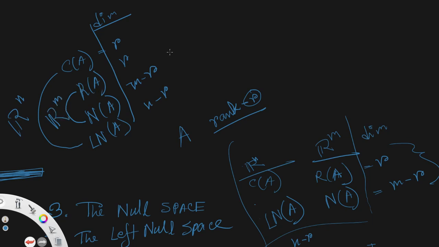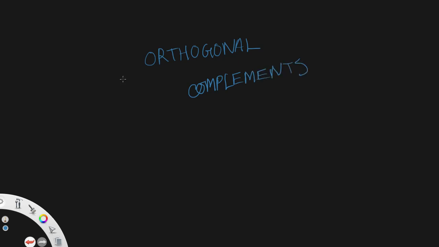Okay, there's one more interesting thing left to show, and that is the concept of orthogonal complement. So let's talk about orthogonal complements. Two vector spaces are called orthogonal. Let's say U and V, two vector spaces.